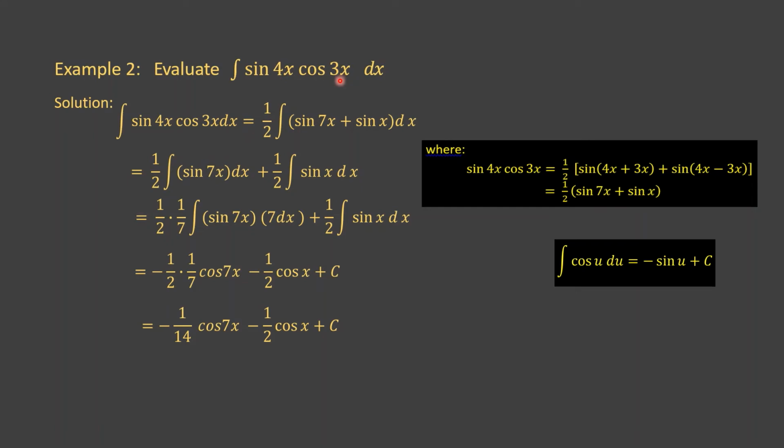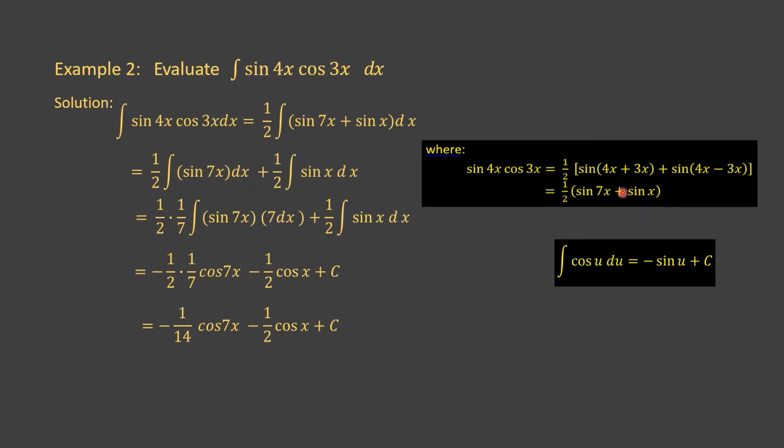And again, if you will look back at the list of identities that we have given earlier, then 2 times sine of u cosine of v would equal the sum of sine of u plus v plus sine of u minus v. So applying that now for this particular product, sine of 4x cosine of 3x would equal 1/2 of sine of 4x plus 3x plus sine of 4x minus 3x, or we just have 1/2 of sine 7x plus sine x.